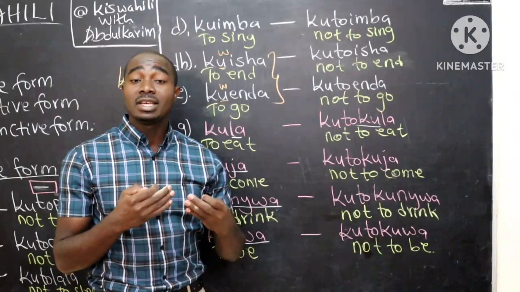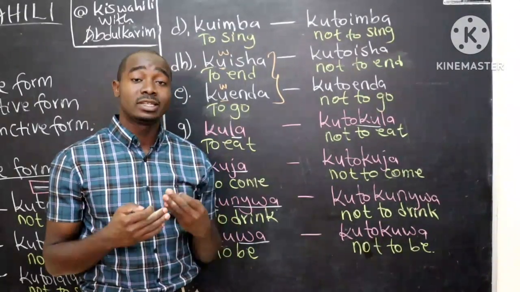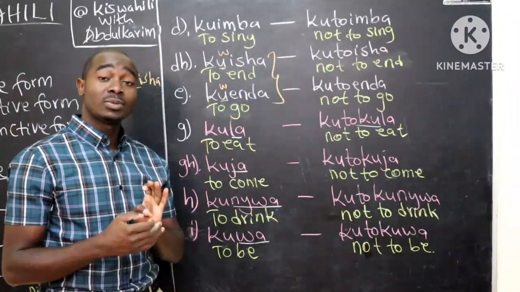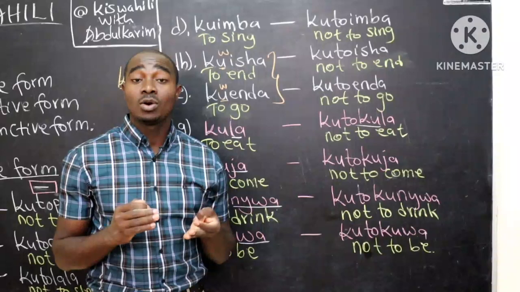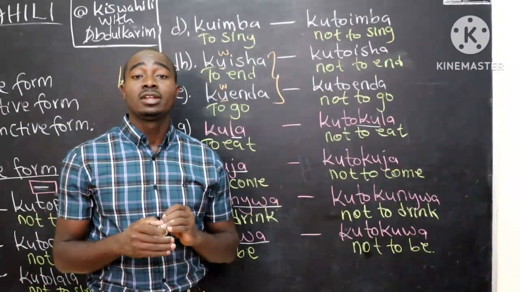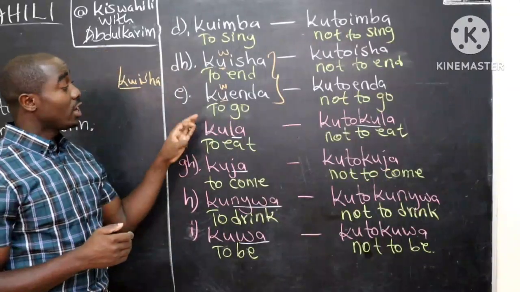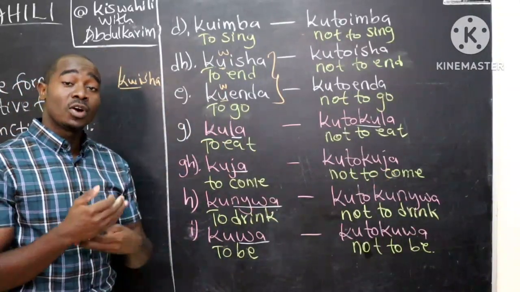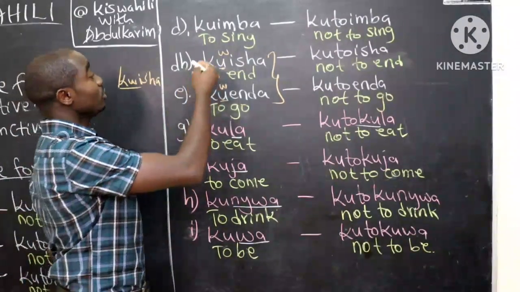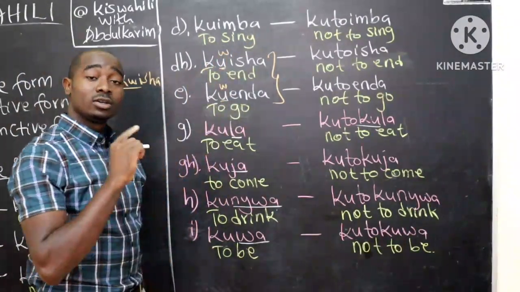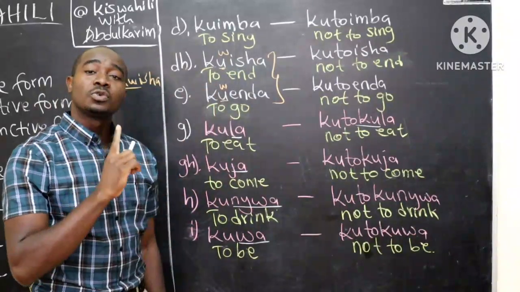Now let's see examples, uses in sentences of these verbs in the infinitive form before we learn about the imperative form. Now I'll just have to erase this one. Before I erase, let me read for you once more. Kuimba, kutoimba. Kuisha, kutoisha.